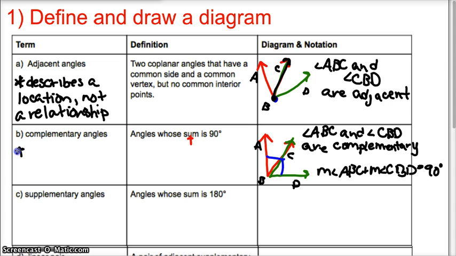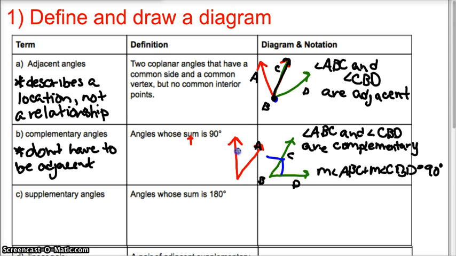One thing I want to let you know is that complementary angles don't have to be adjacent. These two angles that I have drawn are adjacent, but if I were to separate them, they still will add up to 90 degrees. They just don't have to be side by side.